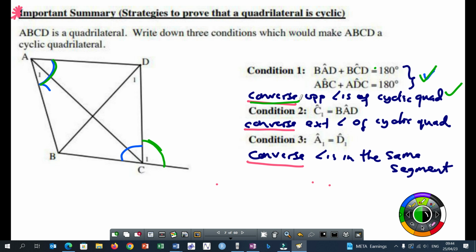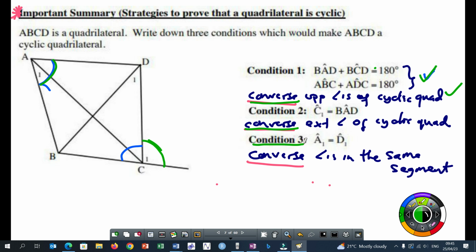Then theorem 2, if you can prove that an exterior angle of a quad is equal to an interior opposite angle, then you can give your reason that the quadrilateral is cyclic because of the converse of the exterior angle of a cyclic quad.